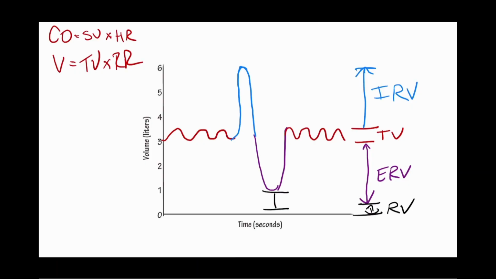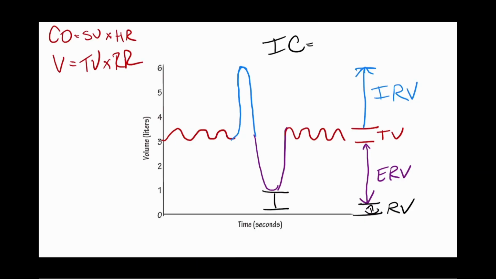Now, if you take these volumes and add them together, you get what are called capacities. Okay? So the first one is inspiratory capacity, which equals how much can we inspire?